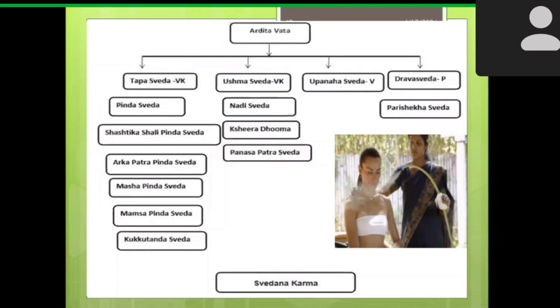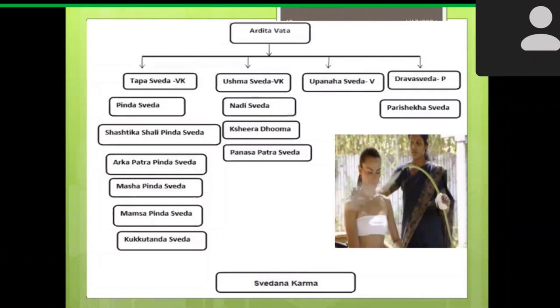And then Sankara Sveda, especially Shashtika Shali Pinda Sveda, though it has Vishita Virya Dravya. In traditional practice, it is mostly not used as Madhyama to Uttama Svedana, but as Mridu Sveda, a snigdha variety of treatment to nourish the underlying muscles. So Navara Tepu, Navara Kizhi, or Shashtika Shali Pinda Sveda and Analepa can both be utilized similarly.